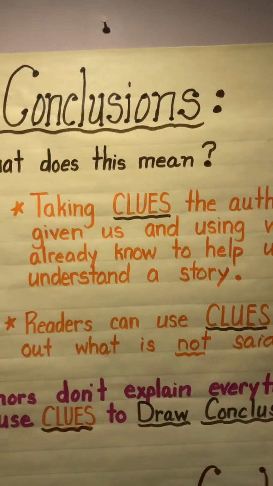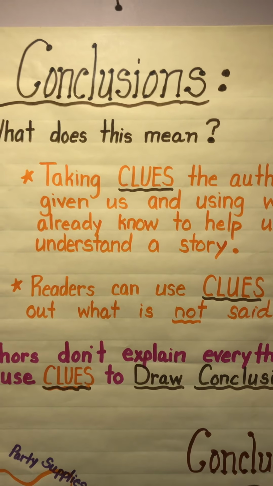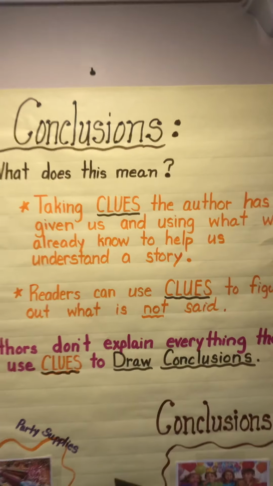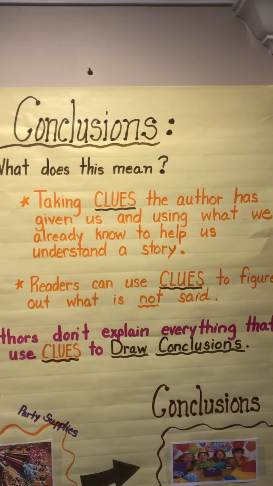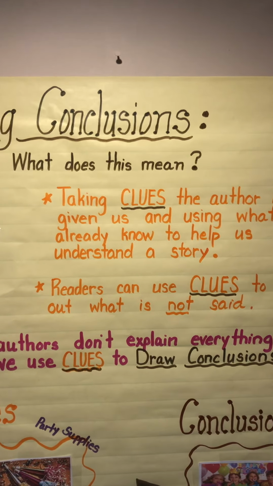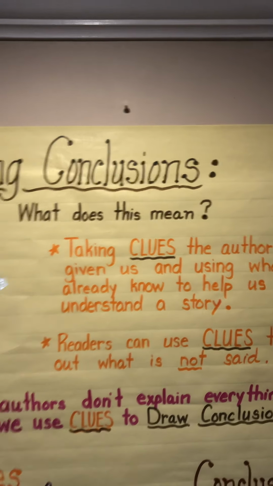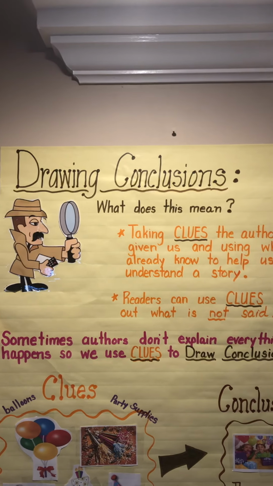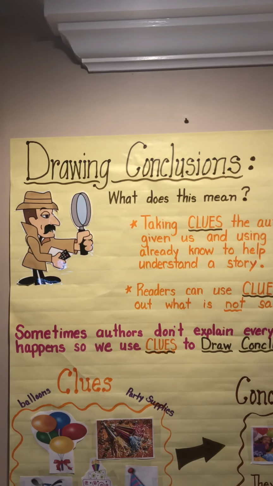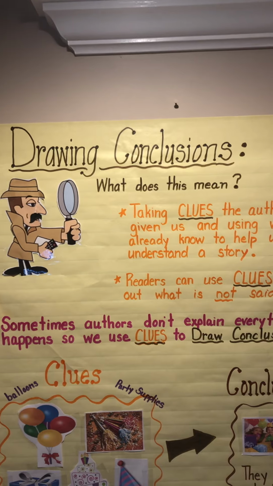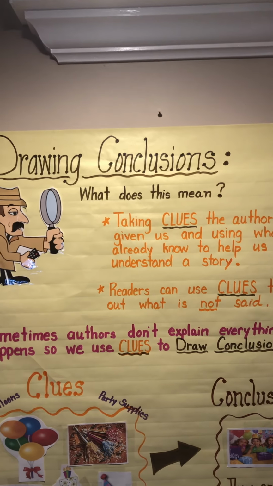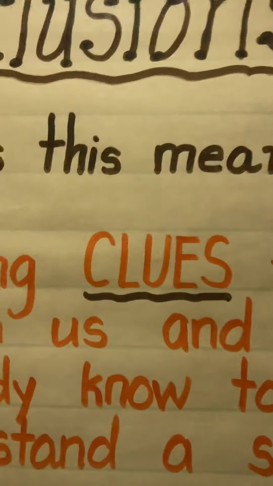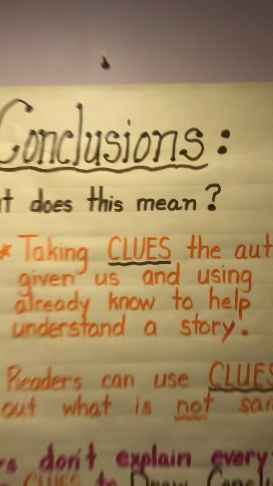Drawing conclusions means that you're actually taking clues that the author has already given you, and you're using what you already know to help you understand a story. Really, if you think about it, you're using what you already know about the world, which is a lot. I mean, come on, you are 6 and 7 right now. And you're using what you already know, and then you're using special clues that the author is giving you.